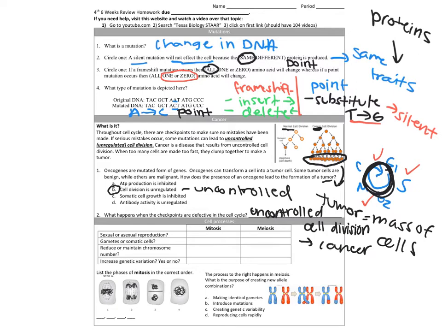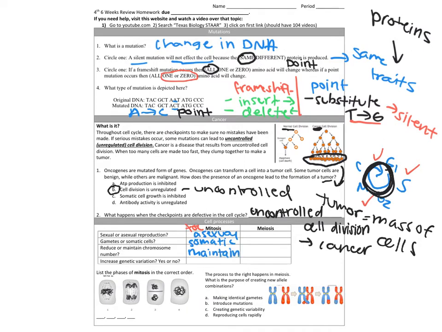Moving on, this is the review, mitosis. Remember, guys, mitosis is part of our body. So how do we make body cells? This is going to be asexual, which means not sexual. Somatic. Somatic is another word for body cells. We are maintaining, which means keeping the same chromosome number.